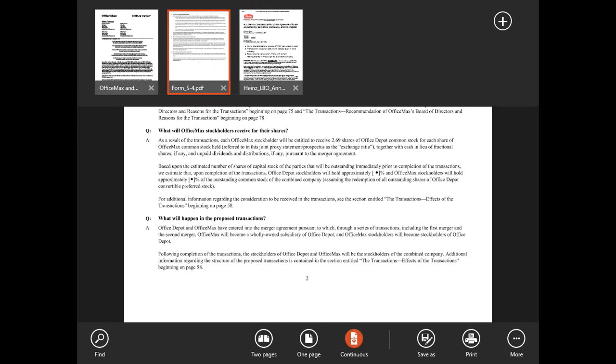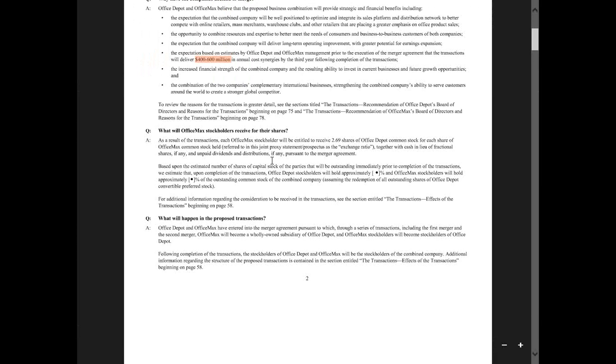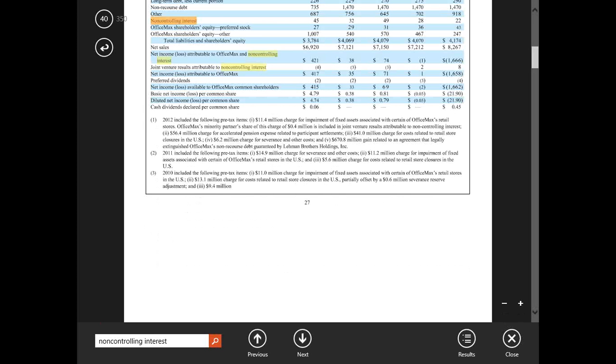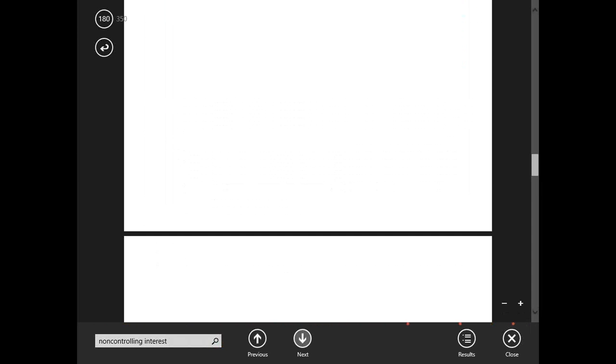If I do a word search on non-controlling interest, keep going.